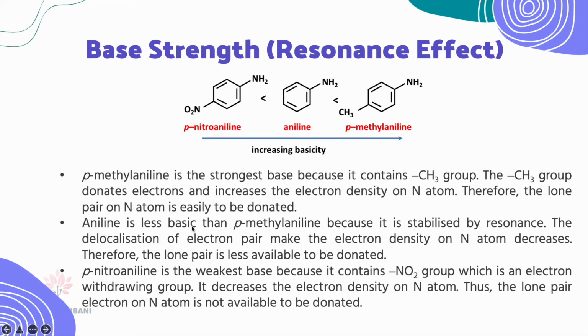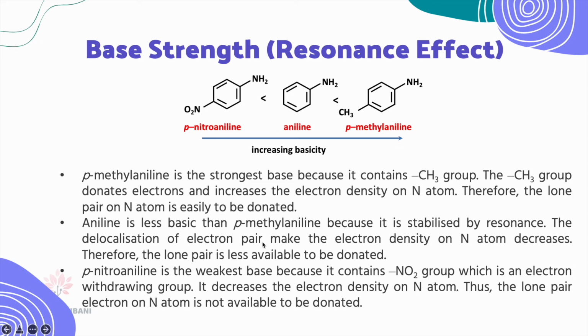Aniline is less basic than para-methyl-aniline. Aniline is less basic because it is stabilized by resonance, has no electron donating group, and it has a benzene ring. The electron lone pair of the N delocalizes around the ring.